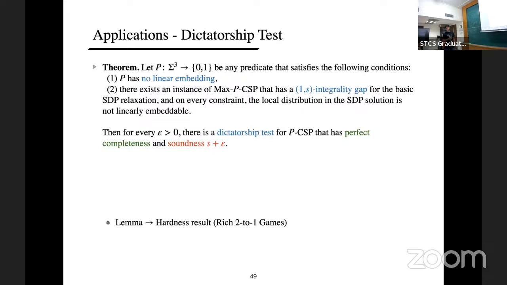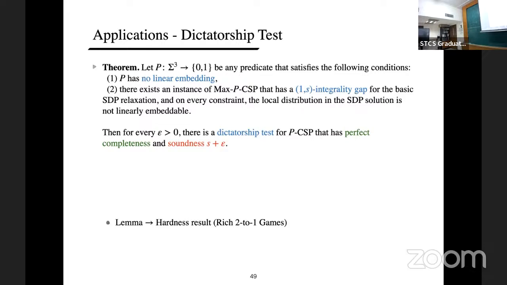So if you knew that the predicate P of your Max-P CSP does not have any linear embedding, and in addition, for the Raghavendra SDP that you obtain, you are able to find the 1, S integrality gap, and some extra condition on top of that, then you are able to recover Raghavendra's result, where you don't lose anything.